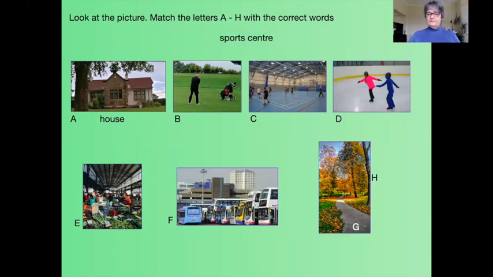Sports centre. Which picture is it? It's C. Footpath. Which picture? It's G. Indoor market. Can you see it? It's E.